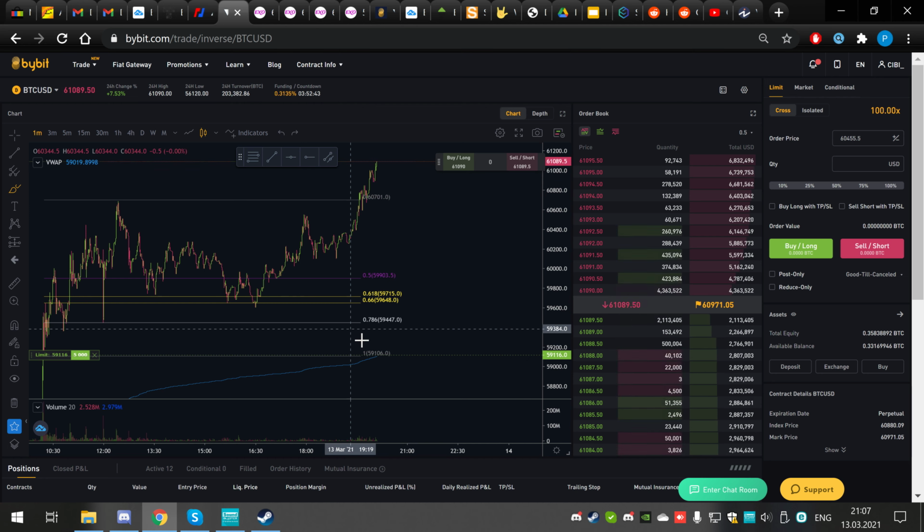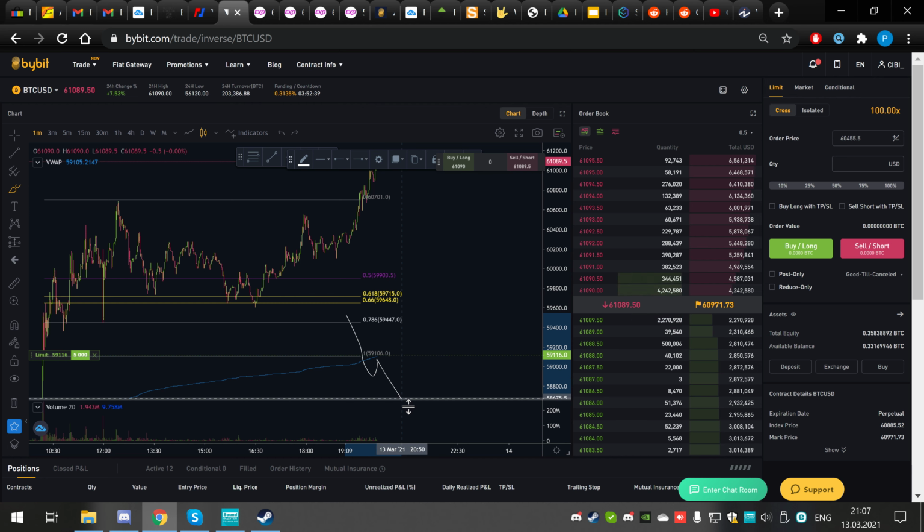I don't want to see something like this: going down below it, it becomes resistance and it keeps going down. No, I don't want to see that. I want to see first touch, then reaction, and then buy. So I have my invalidation point, stop loss, somewhere here. We always wait for reaction. You can place limits like I sometimes do, but if you are on the computer, you just place alerts and wait to see the reaction.